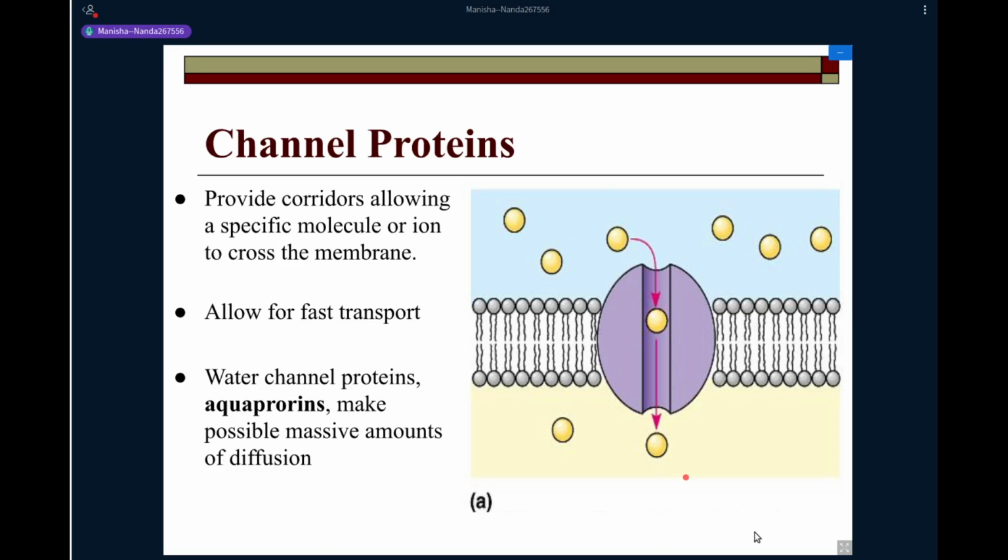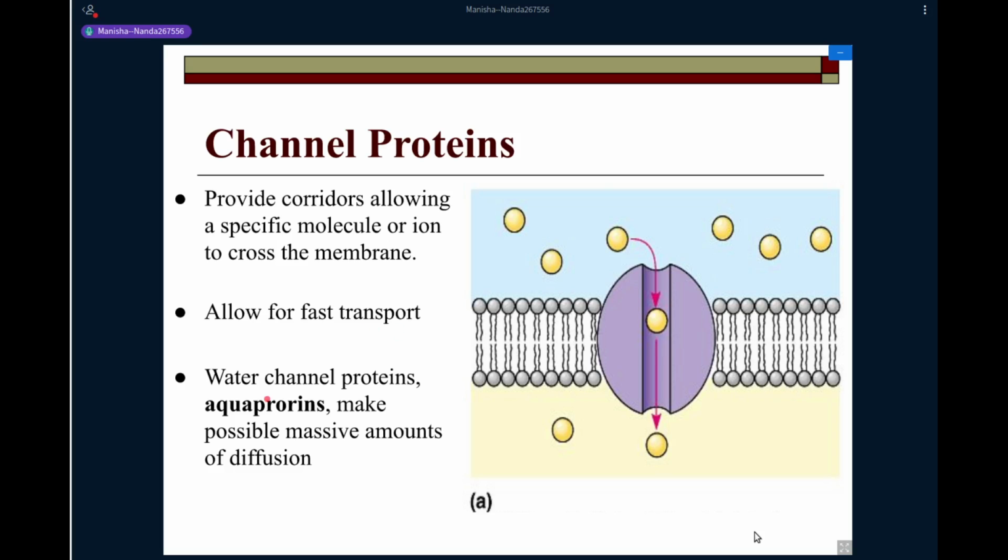There are different channel proteins, and like other membrane proteins, they are specific in what molecules they allow to be transported. Of course, in comparison to the carrier proteins, which bind to a particular solute at one side of the membrane, carry it and move to the other side of the membrane, these channels allow fast transport.